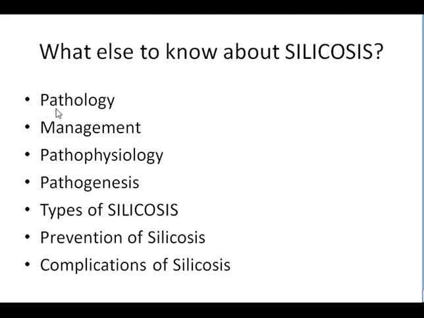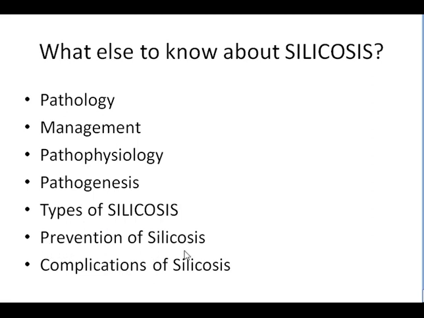So I end the video with a list of the topics that every student should know further. Those topics are the pathology, the management of silicosis, and the pathophysiology of silicosis. I have discussed in part a bit of the pathophysiology and pathogenesis of silicosis. Next, the most important thing, the different pathological types of silicosis.